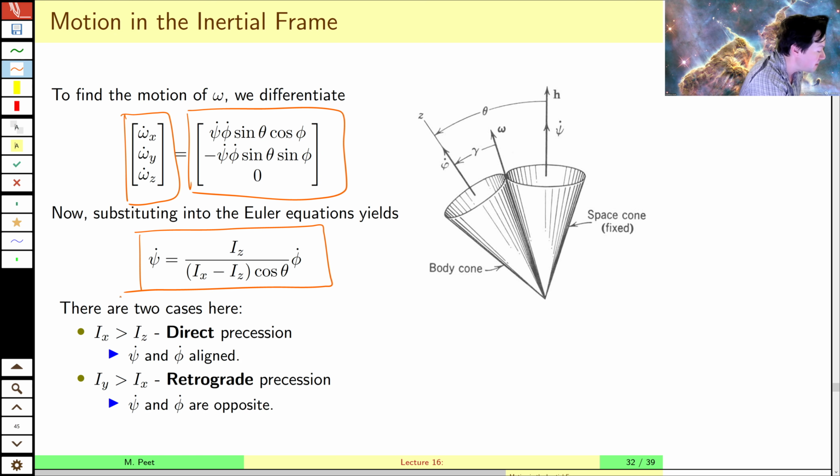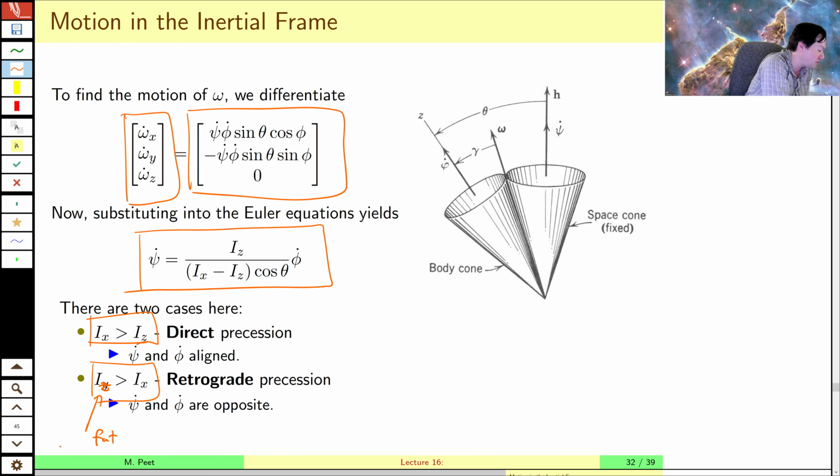So again, they depend on the relative fatness versus thinness. This is x as well. Actually, that looks like a typo. That should be z. My bad. So if we have in this case, remember, Iz, this is large.